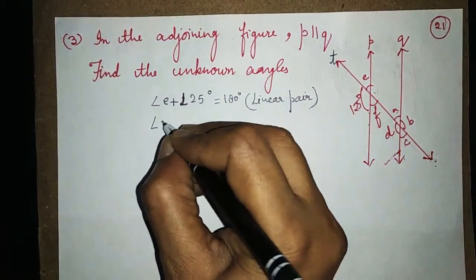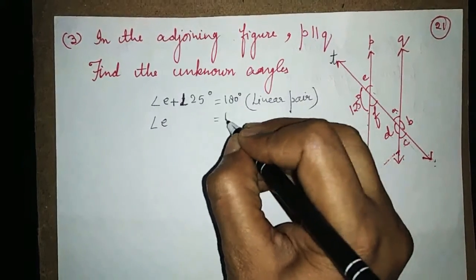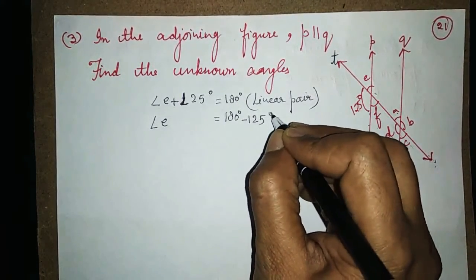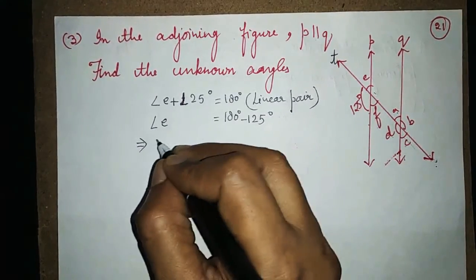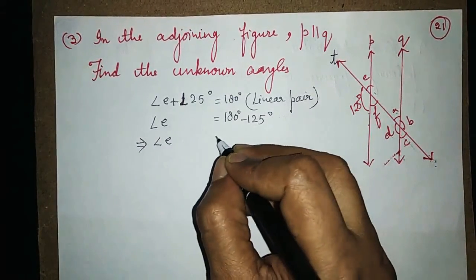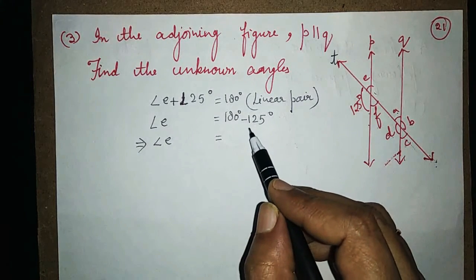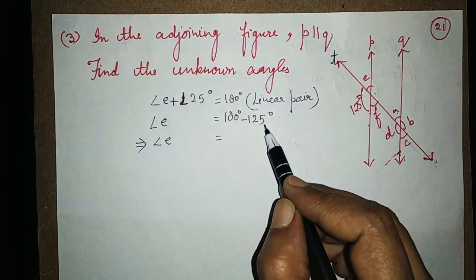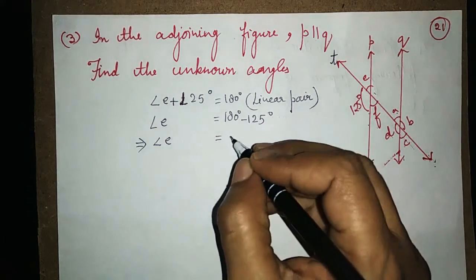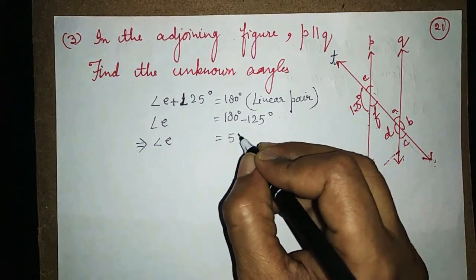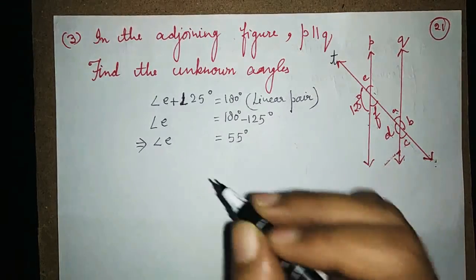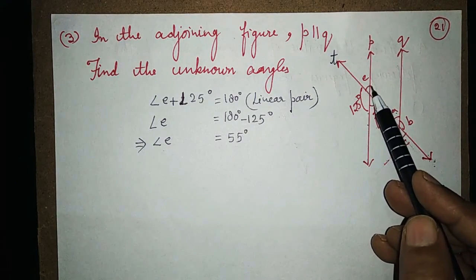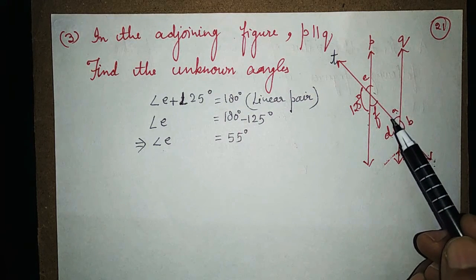Now angle E is equal to 180 degree minus 125 degree. If you subtract 180 degree minus 125 degree, you will get 55 degree.